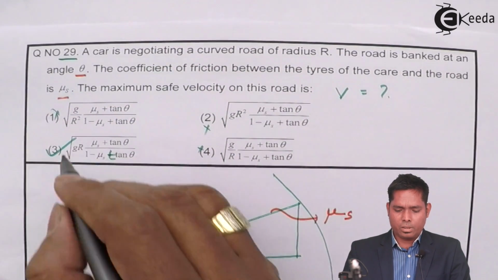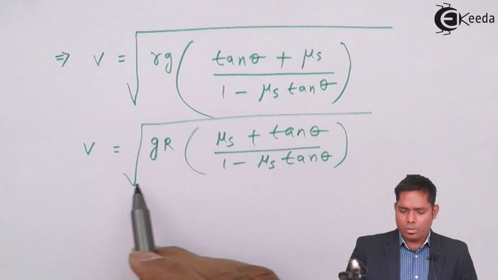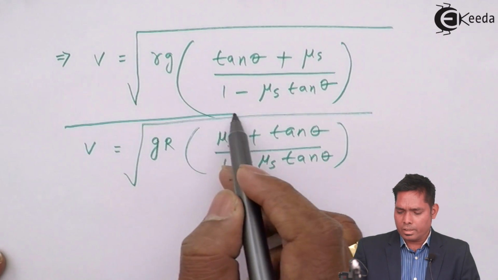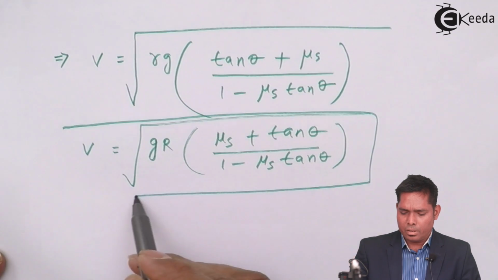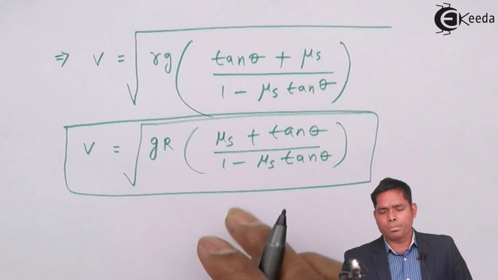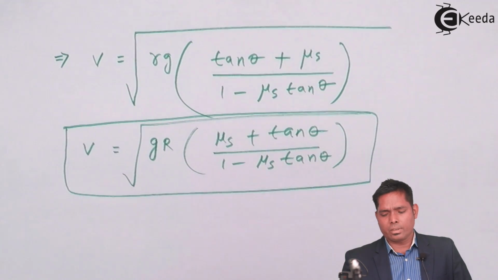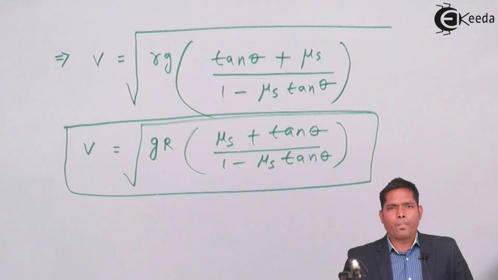Okay, so the third option is correct. This is the right answer to this question. This result is a formula you have to remember, that the maximum safe speed is under root gR mu s plus tan theta divided by 1 minus mu s tan theta. Okay, thank you.